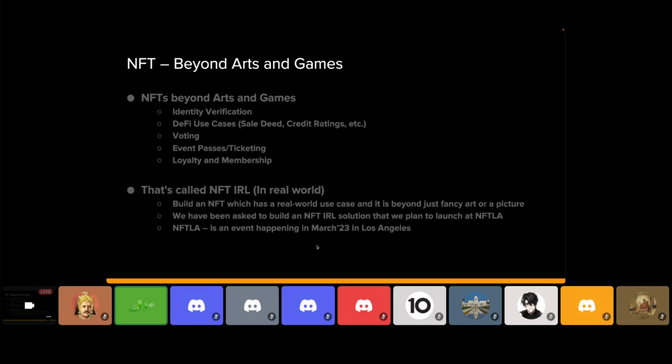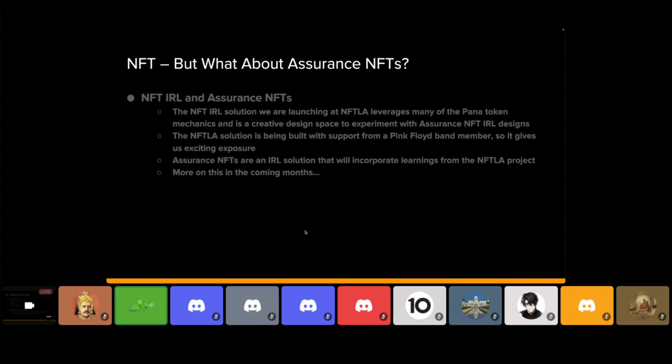So we are being asked to build a solution associated with the real world, and we are thinking of launching it at NFT LA. So now the question is, what about the assurance NFT then, right? Because the assurance NFT is something associated with the PanaDAO. So yeah, that's a right question.